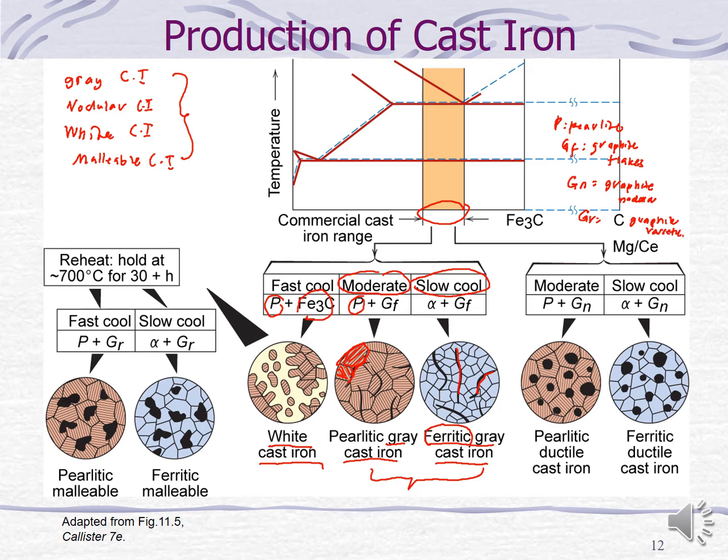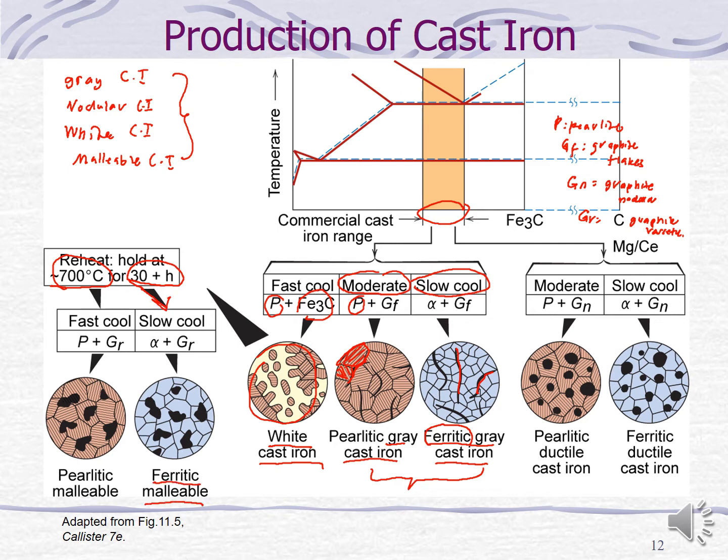Okay, fast cooling will produce white cast iron. And then when we reheat this white cast iron at a temperature of 700 degrees C for a prolonged time, for example 30 hours, and do slow cooling, it will produce ferritic malleable.